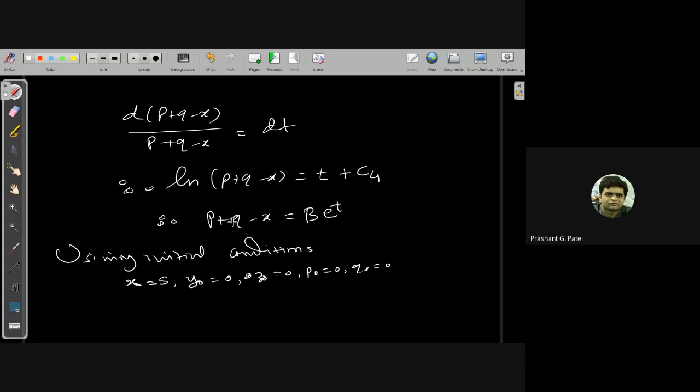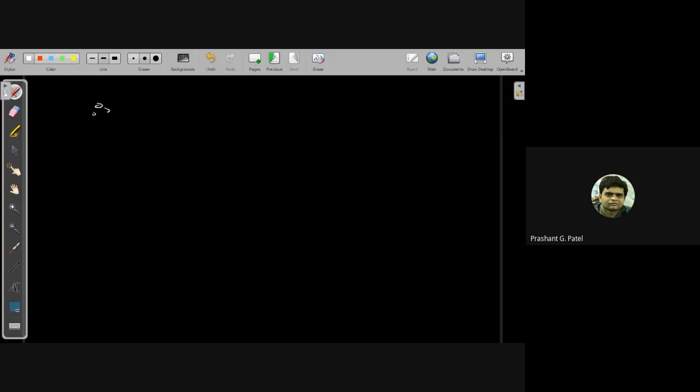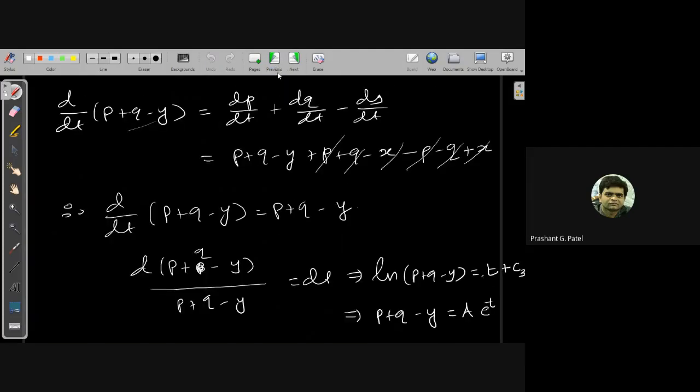We get 0, 0 minus s. So minus s is equal to b e power 0. So the value of b we get is minus s. So finally what we got is p plus q minus x is equal to minus s e power t. And the value of p plus q minus y we already obtained as 0 here.